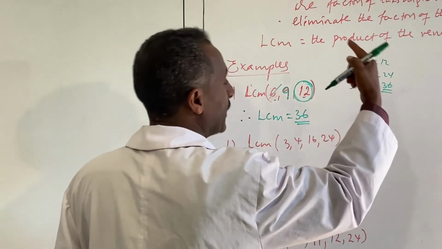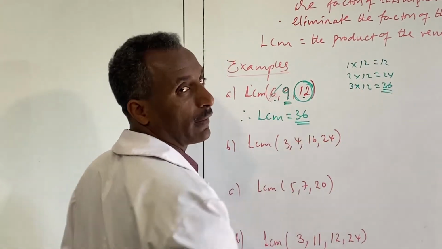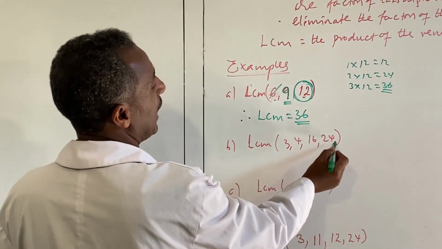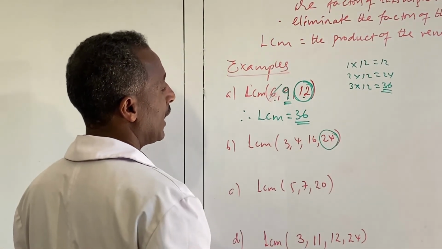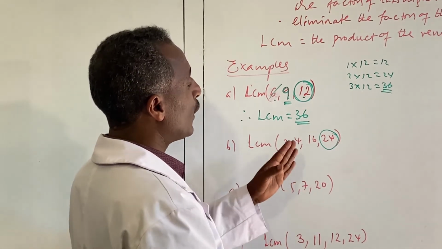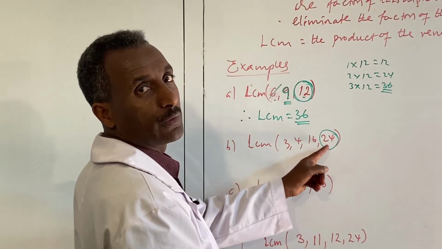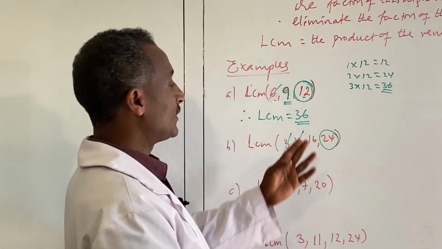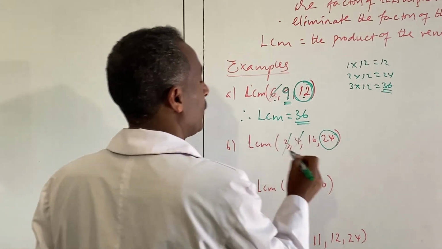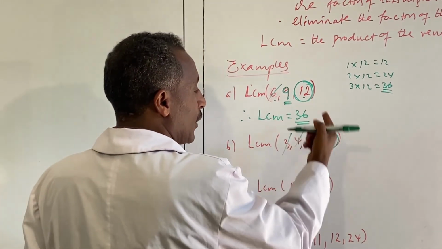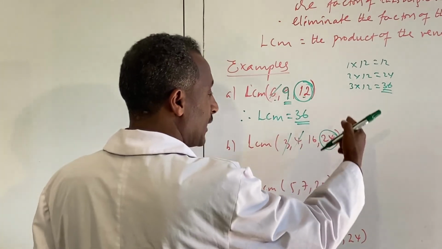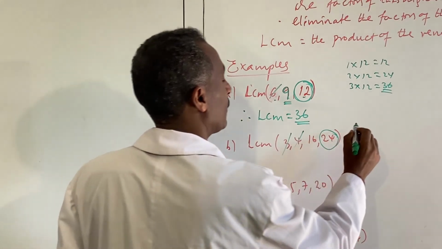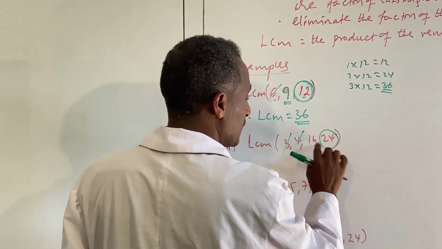Okay, let us see this one. Which is the highest number here? 24. Out of the remaining, which of the numbers are factors of 24? 3 and 4 are factors of 24, we eliminate them. So we are left with 16 and 24. So we go multiplying 24 by 1, 2, 3 times until we get a multiple of 16. 24 is not a multiple of 16.